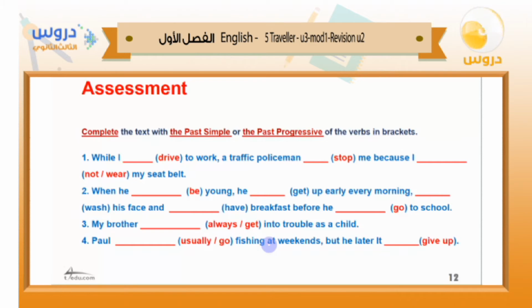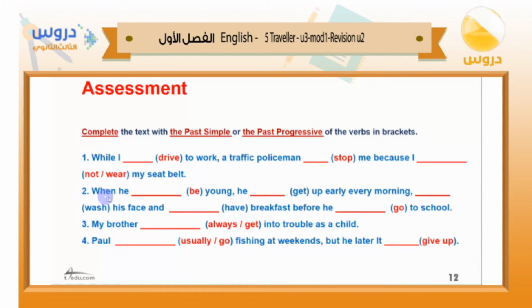Now for the assessment, I need your help to complete the text with past simple or past progressive of the verbs in practice. So for example, number one, while I drive to work, a traffic policeman stop me because I not wear my seat belt.